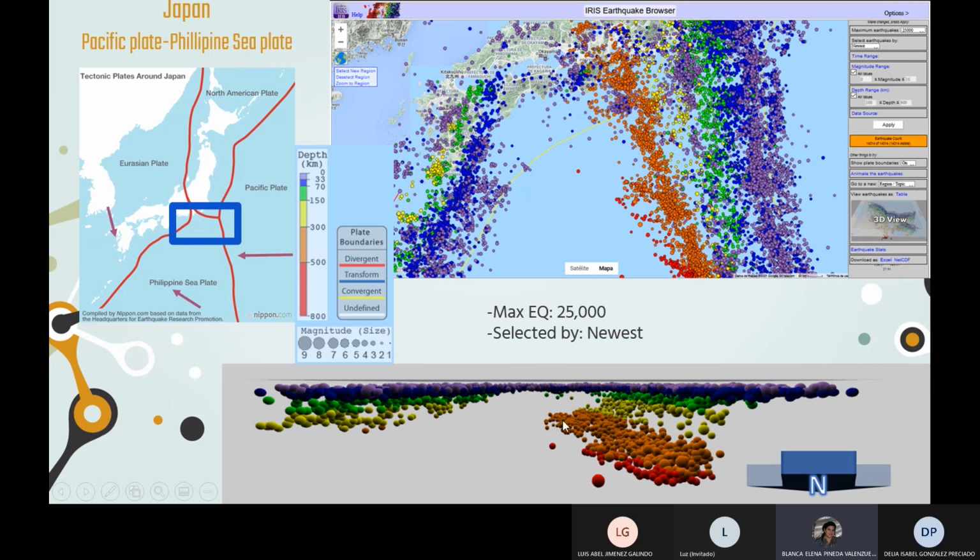In the image at the bottom, we can see how they are distributed at depth, and we can still see this relationship where we have a very shallow subduction with the green points. Then we have very vertical earthquakes in yellow, but they're less abundant. And then we have again a flattening of the earthquake epicenters in orange and red.